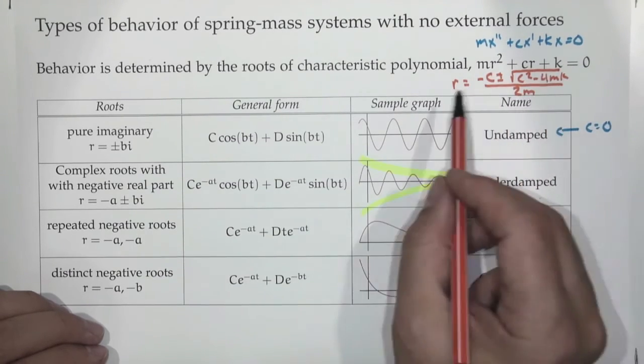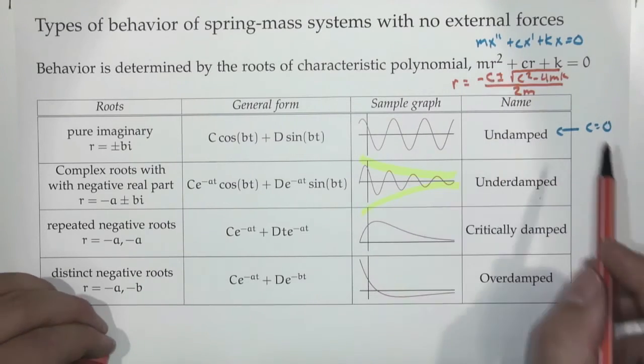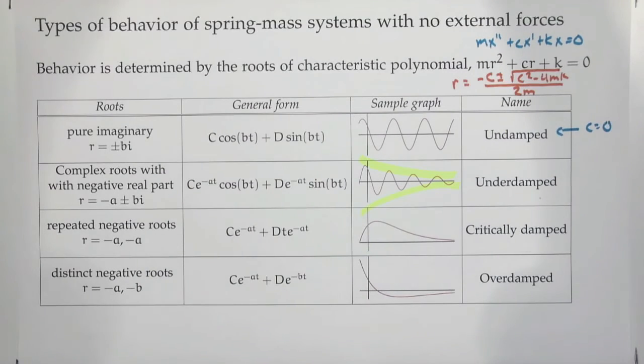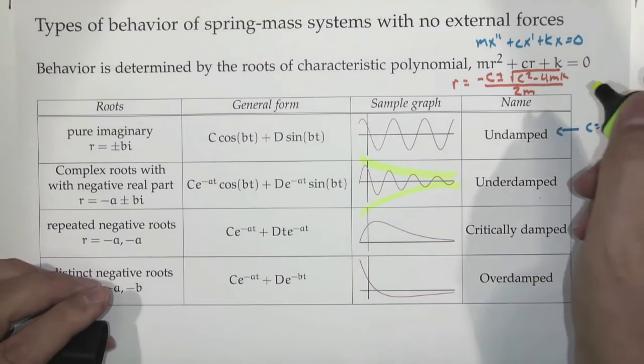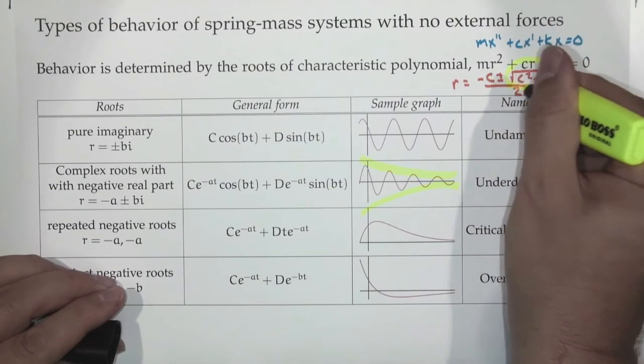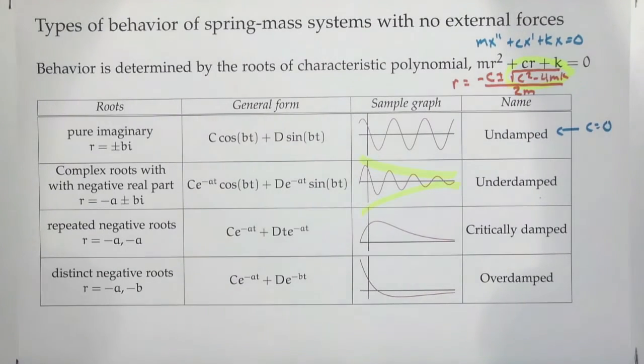So I'm applying the quadratic formula to that quadratic. And the behavior is going to be completely determined by what happens in there. That c squared minus 4mk.